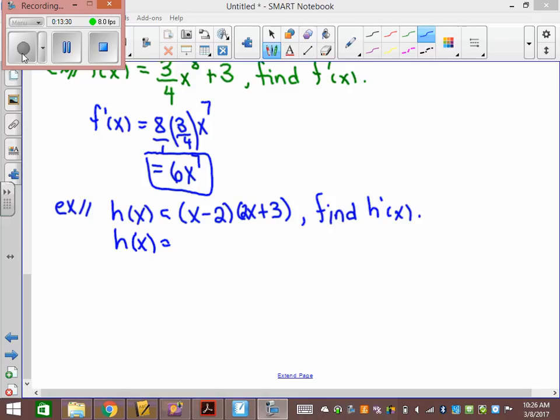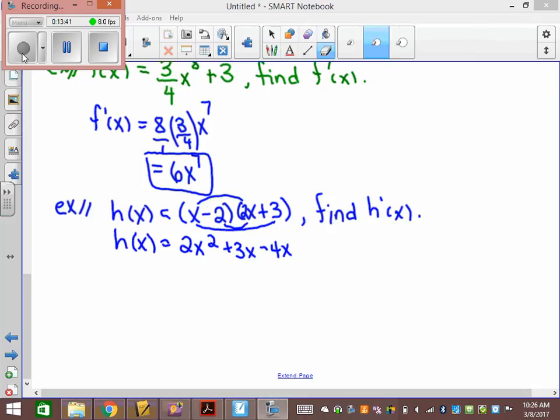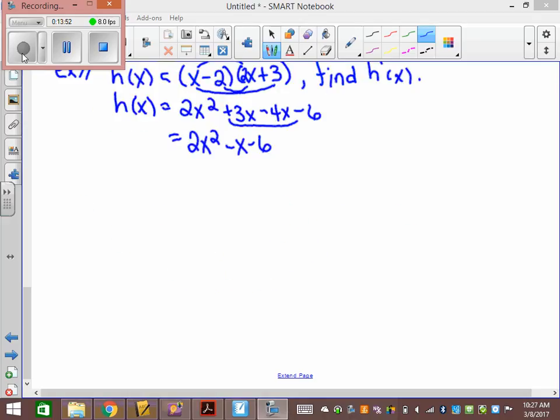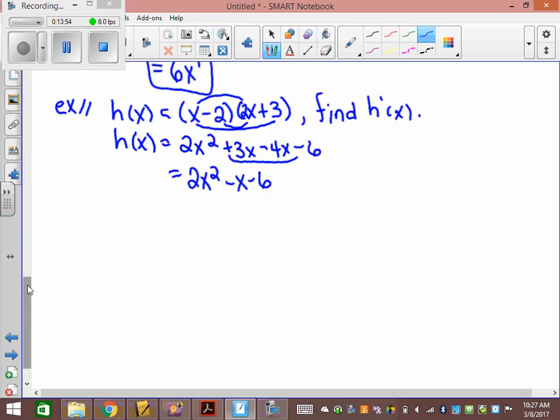Okay? So h of x equals 2x squared plus 3x minus 4x, and then minus 6. And we collect our like terms, so 2x squared minus x minus 6. And then we find the derivative. h prime of x equals, take your 2, drop it in front, and multiply it.